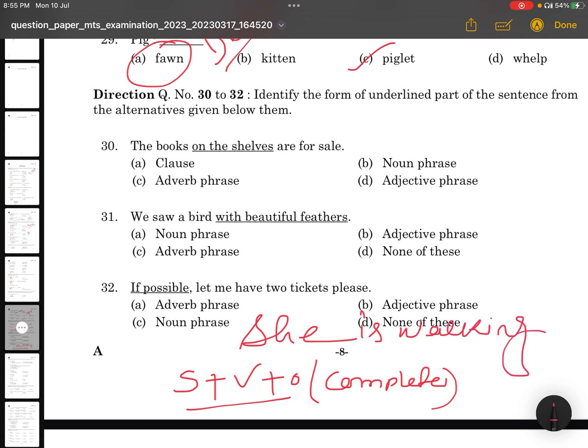Here, she is the subject. If I see only the part "is walking", it does not give any kind of meaning until you get the other part of the sentence. So it is a phrase. "Is walking" is the phrase. I hope everyone has understood what a phrase is.